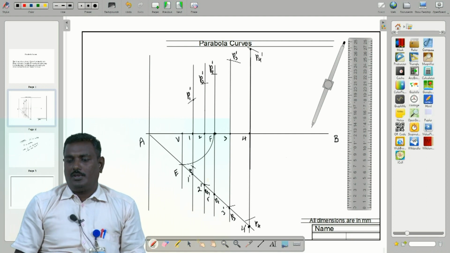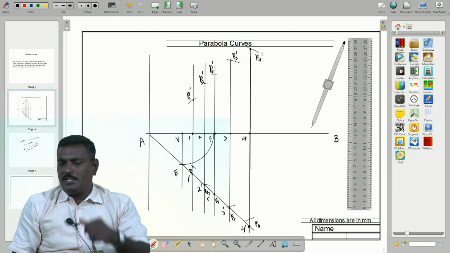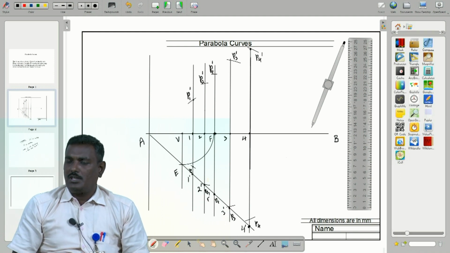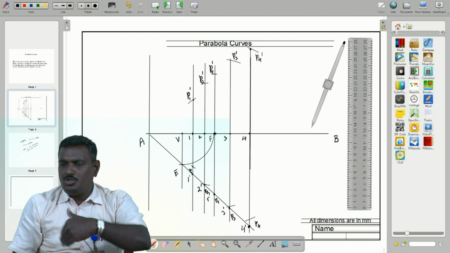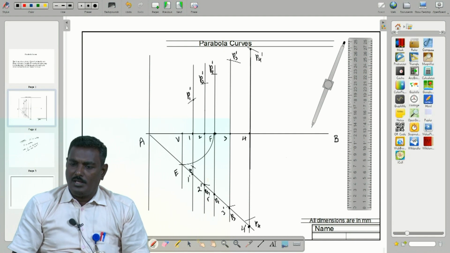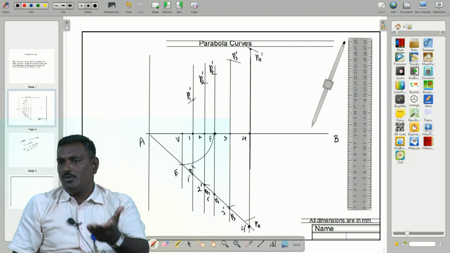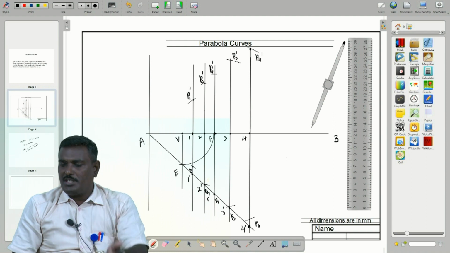After determination of these locus points, we are able to connect them by smooth curves. We have to join all of these by smooth curves. Initially you have to do it with a 2H pencil. After confirming the perfect smooth curves, then we go for the H pencil, that is tracing again.